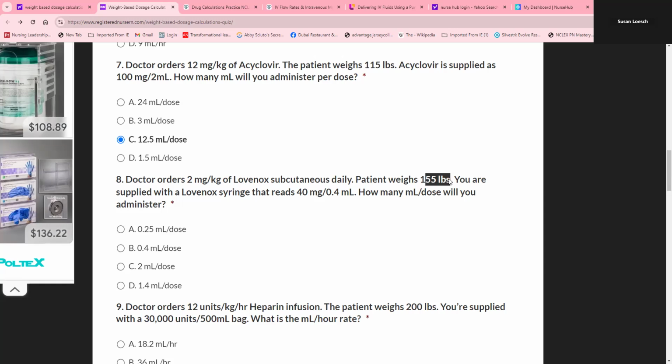So now you're going to take that 140.90, that whole number, divided by 40, and then multiply it times your 0.4. And what'd you get? 1.4.